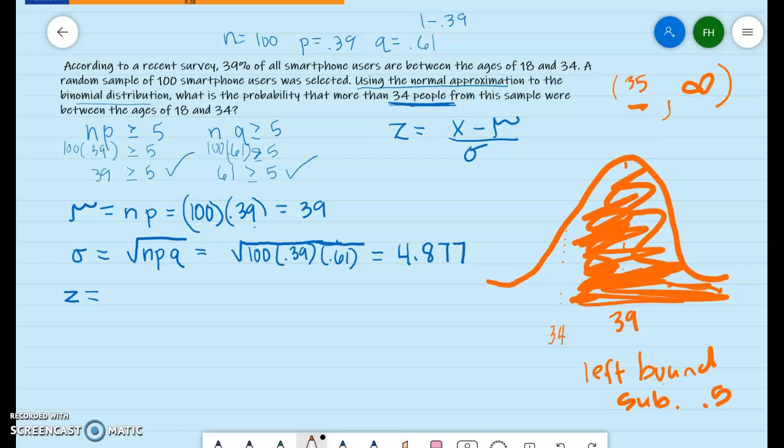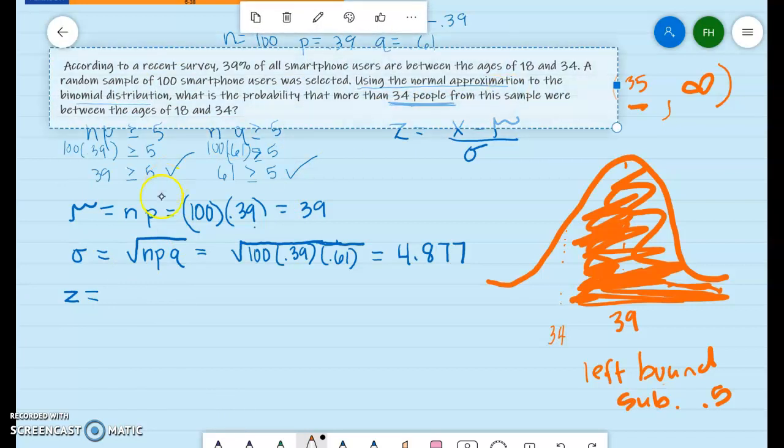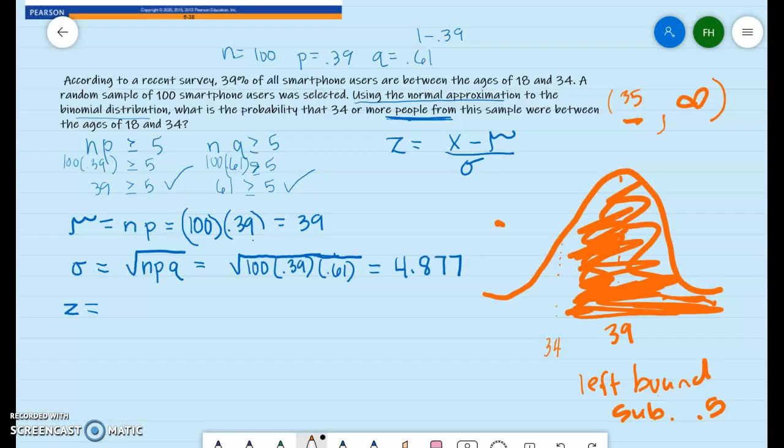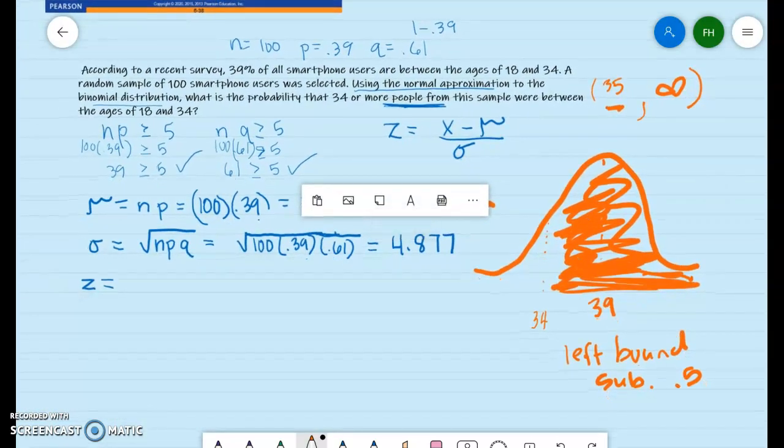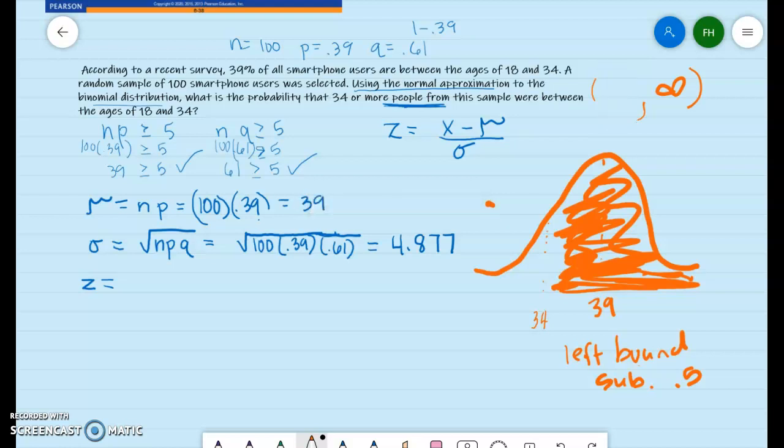Okay, we're going to work this a little bit different. We're going to change the problem here because I want it to be more like what's on the test. So I've changed this to 34 or more people. So we do want to include 34 in this now because it could be 34 or more.